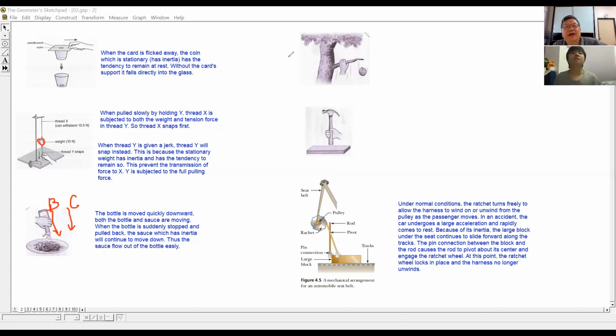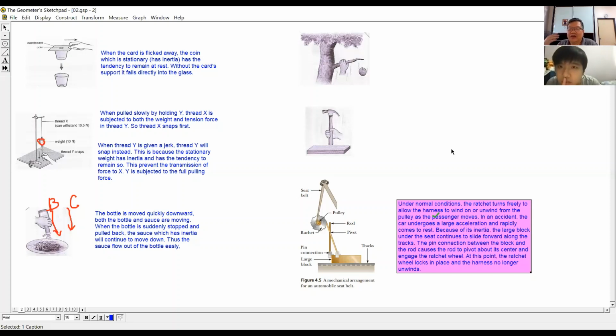Now, one of the many applications of inertia is what happens inside the safety belt. When you go inside the car, you have to put on the belt across your body. Now, when the car suddenly stops, you feel that the seat belt is pulling you back.